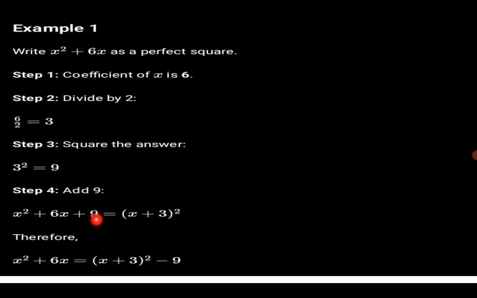Rewriting this as a perfect square is going to be open brackets, x plus 3, close brackets, to the power 2. So this is called a perfect square. Therefore this expression is just as good as open brackets, x plus 3, close brackets raised to the power 2 minus 9.